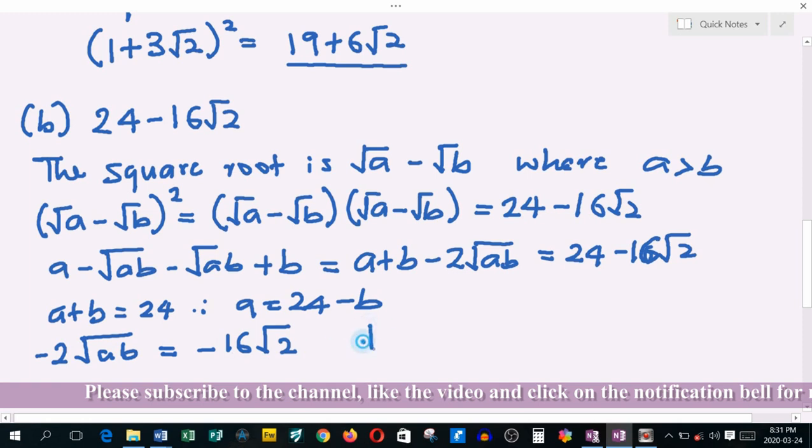So we have our root ab is equal to 8 root 2. When we square both sides, we have ab is equal to 128.